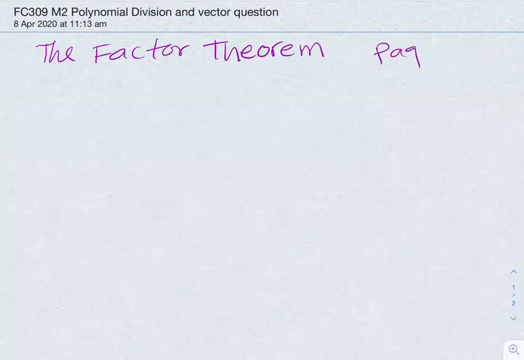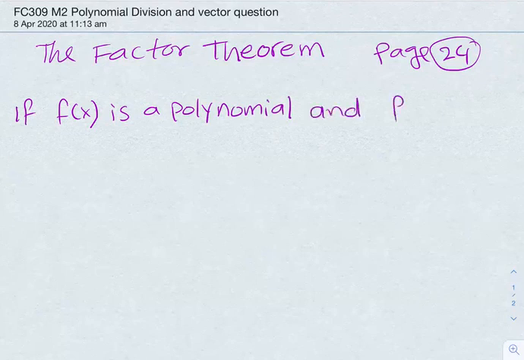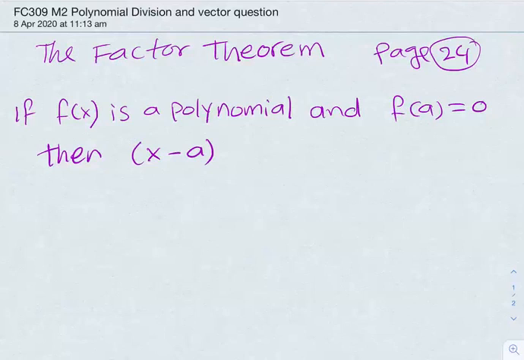So basically, the factor theorem is saying if f of x is a polynomial, it means it has more than one term, and f of a equals 0, then x minus a is a factor of f of x.